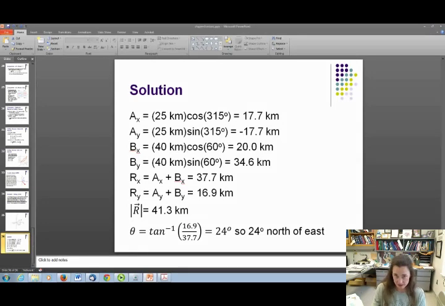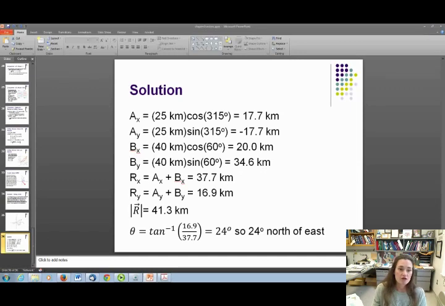Now for my vector B. Vector B has a length of 40 kilometers. To get the x component, I multiply 40 kilometers times the cosine of theta B, which is 60 degrees, and I get 20 kilometers. And for my y component, it's 40 kilometers times the sine of 60 degrees to get 34.6 kilometers.